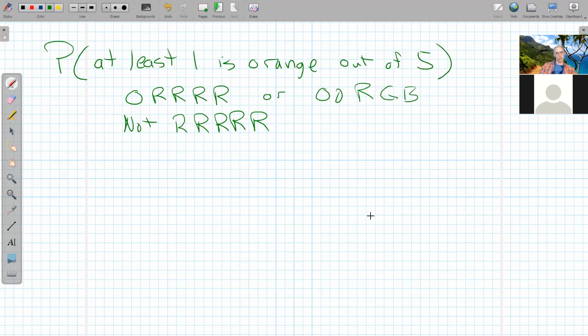So it could be orange, orange, at least one, even could be all the way up to all orange. So 2, 3, 4, 5. But we can't have no orange. So does it seem reasonable that the only thing we can't have is no orange?